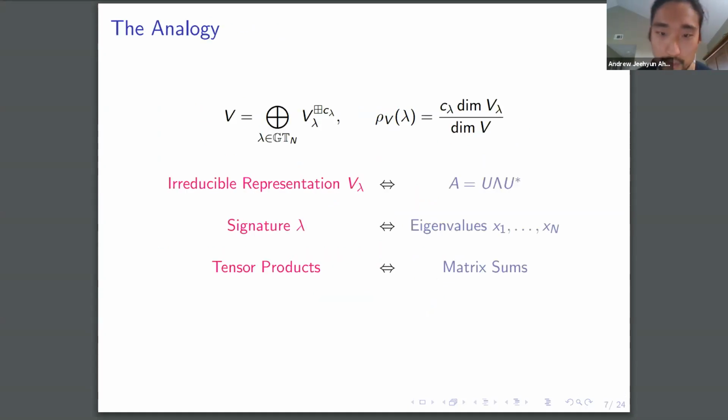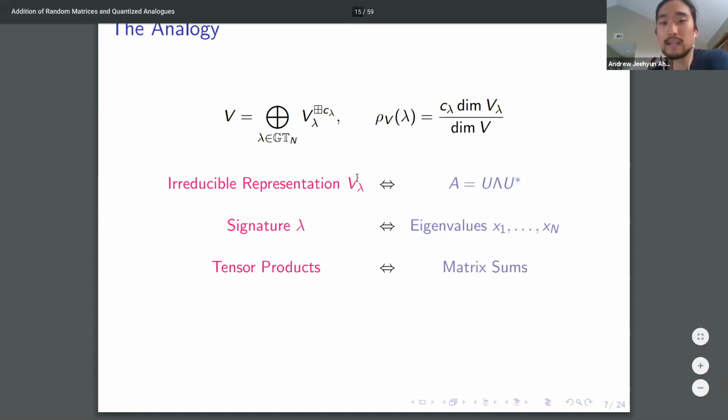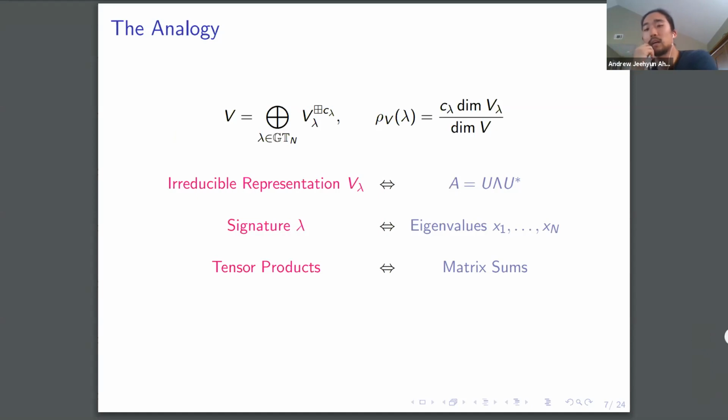Okay, so let me try to further explain this analogy. Before we had some random matrix A, some unitarily invariant random matrix with deterministic eigenvalues given by the diagonals of lambda. Here instead, the analog of these matrices with deterministic eigenvalues are the irreps of the unitary group, V lambda.